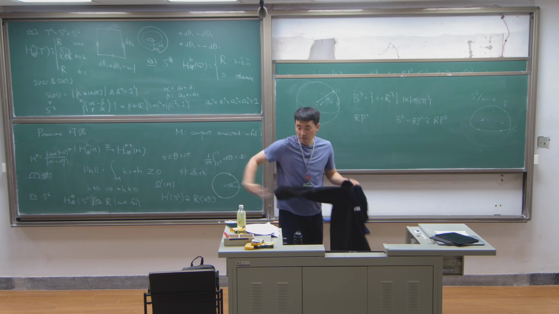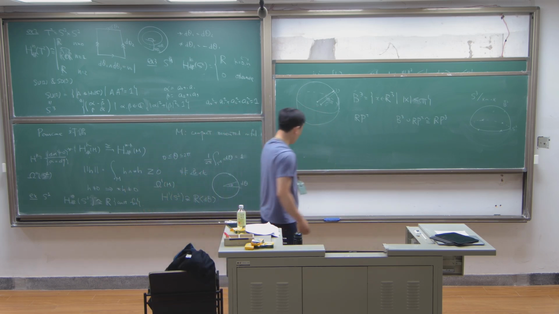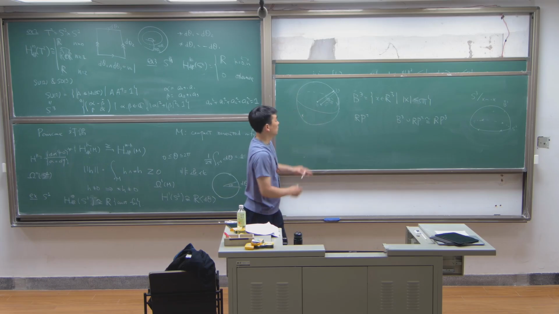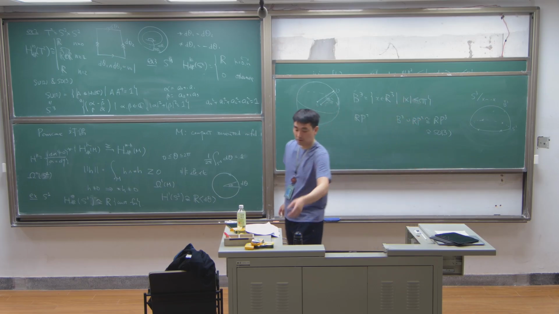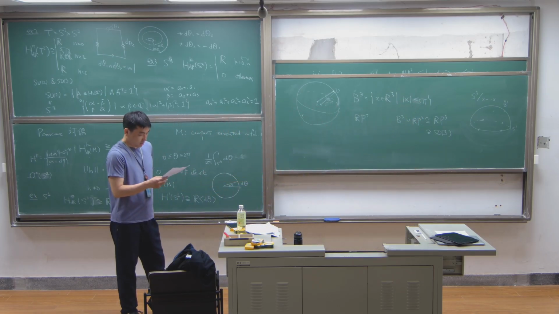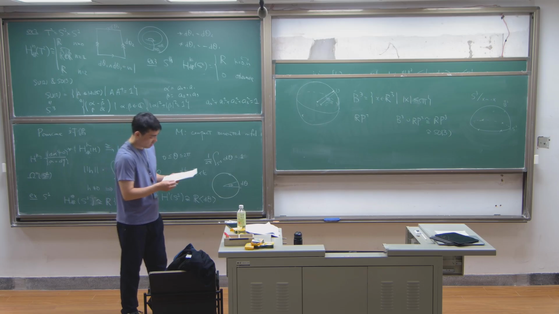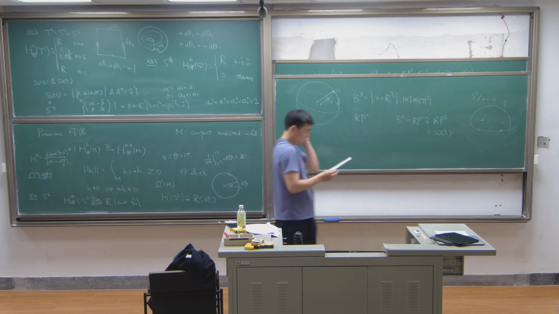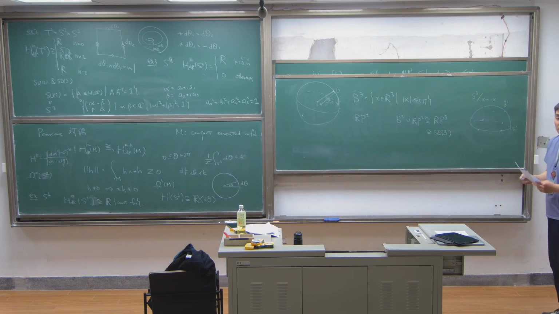So as a manifold, SO3 is diffeomorphic to RP3. Is that okay? Do you understand?